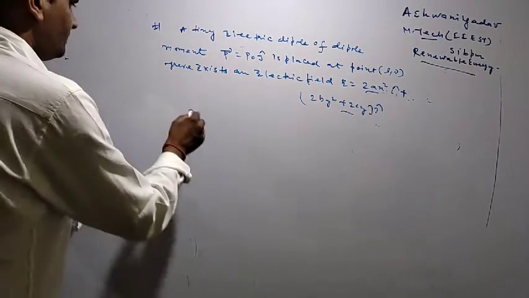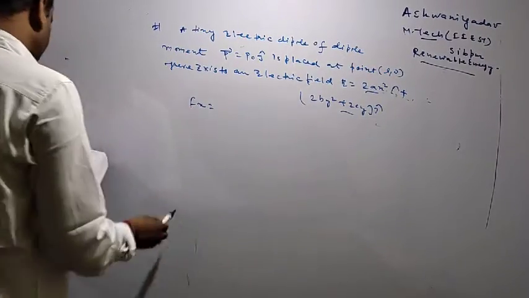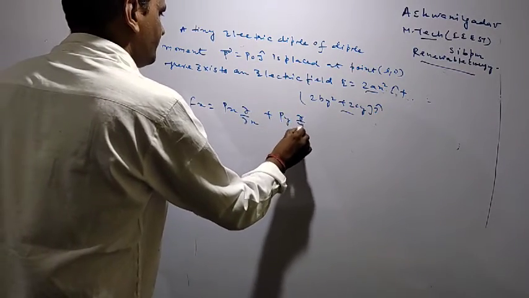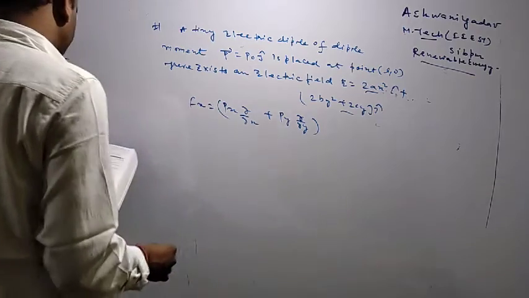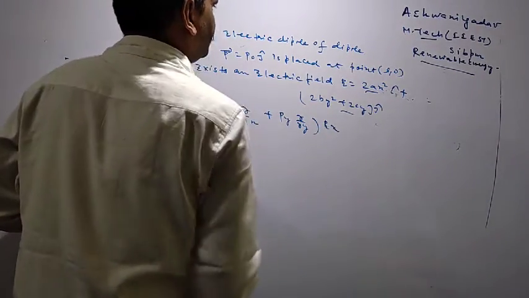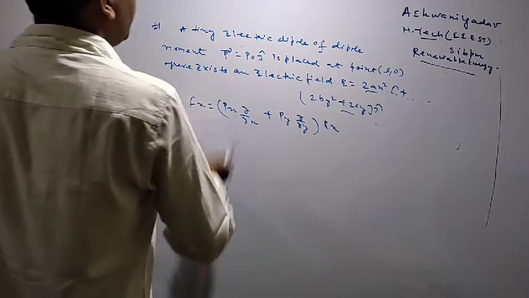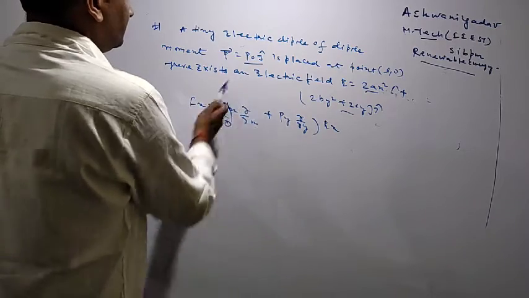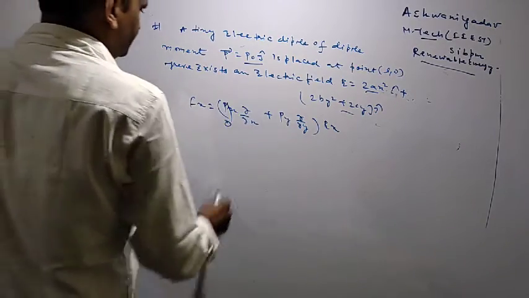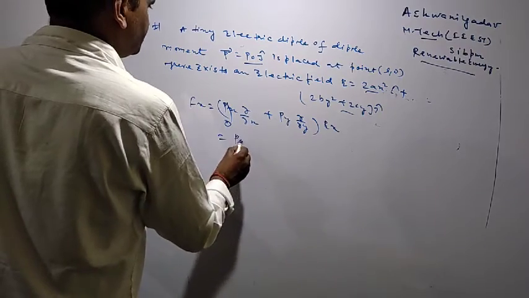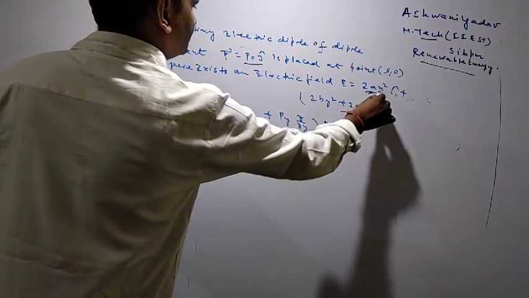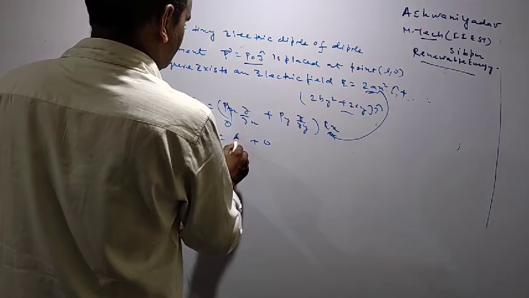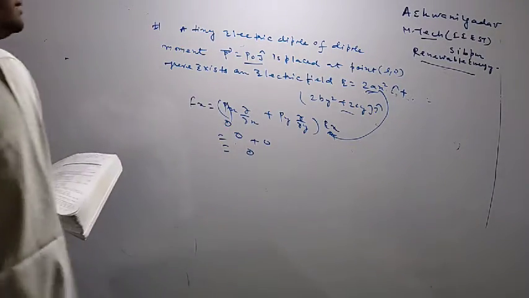We can use the same formula, Fx is equal to (px del by del x plus py del by del y) Ex. We have dipole moment only in the z direction, so px and py are 0, so this is going to be omitted. So the force in the x direction is 0.